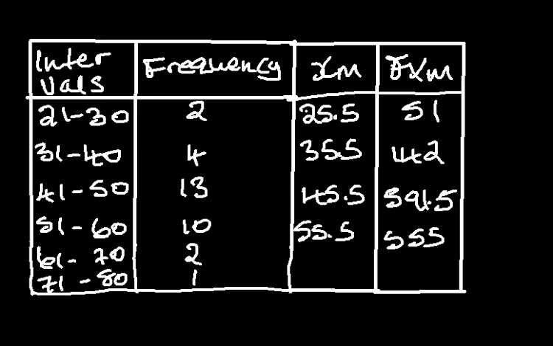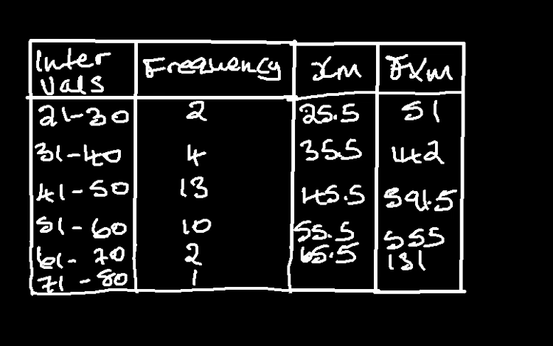And for the other group, that is 61 plus 70, that is 131, divided by 2, that is 65.5. Times the frequency, which is 2, we have 131.